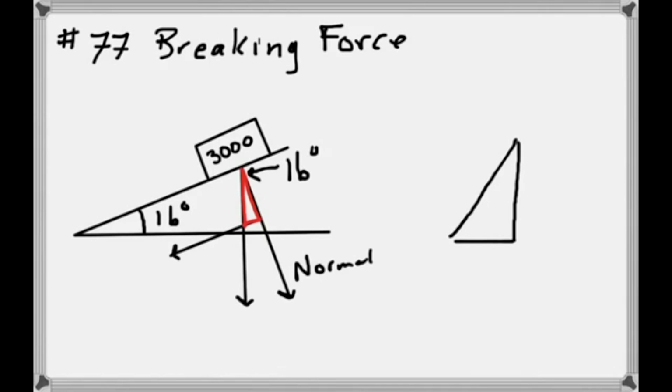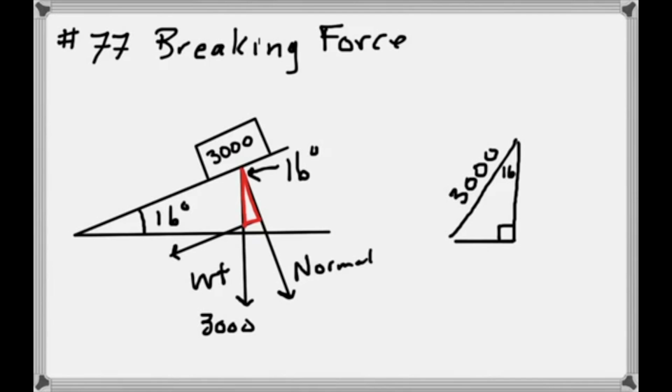So let's go ahead and label this part. There's my 90. This is my 16. The vector that's headed straight down to the ground is the weight vector. That's the actual hypotenuse, and that's 3,000 pounds of force. So the magnitude would be 3,000.